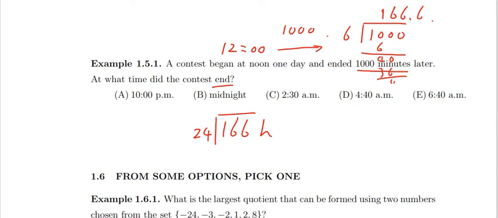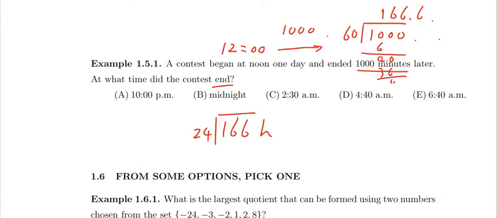So here we need to find the remainder. Oh, I made a mistake here. 1,000 minutes equals how many hours? Oh, I'm sorry, 60, it cannot be so big here.